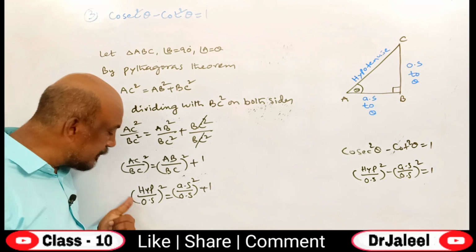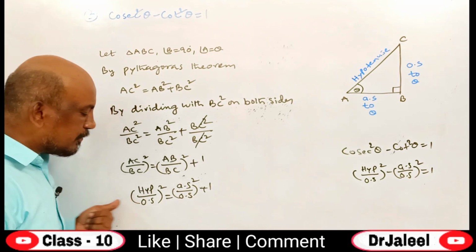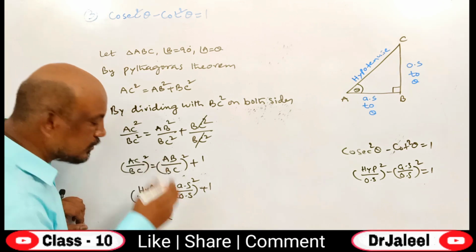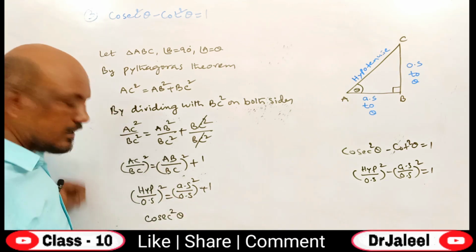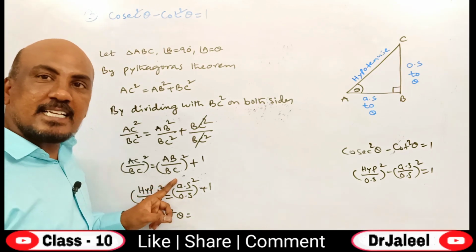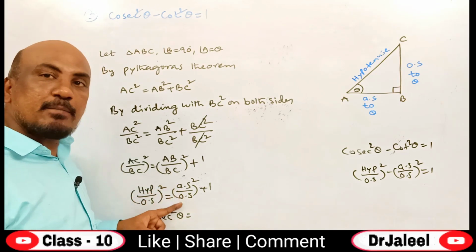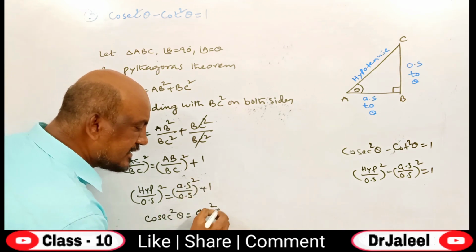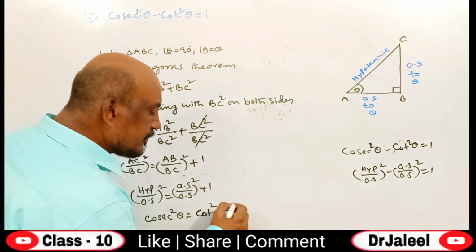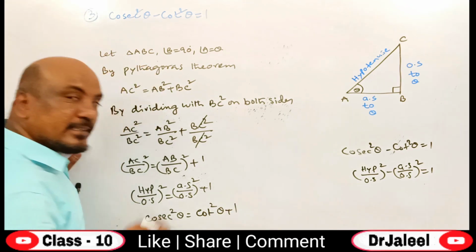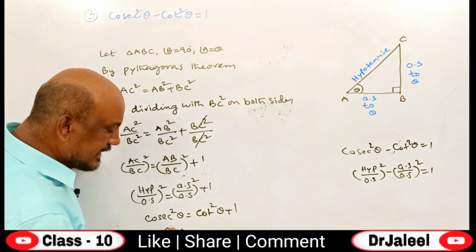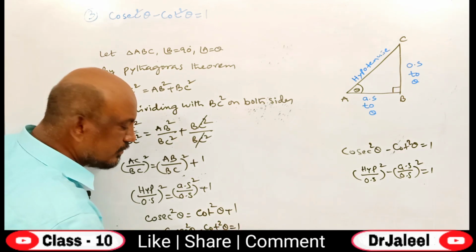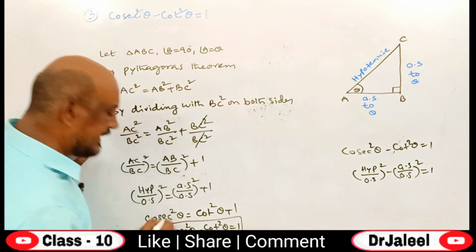Children, now tell me what is hypotenuse by opposite? Hypotenuse by opposite is nothing but cosec theta, and it is having square, so you can write it as cosec square theta is equal to adjacent side by opposite side. Adjacent by opposite is cot theta, and as it is having square, you can write it as cot square theta plus 1. So let us bring this cot square theta this side. So what do you get then? Cosec square theta minus cot square theta is equal to 1. This is the third identity.